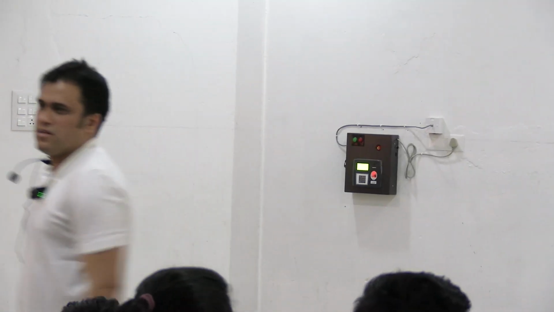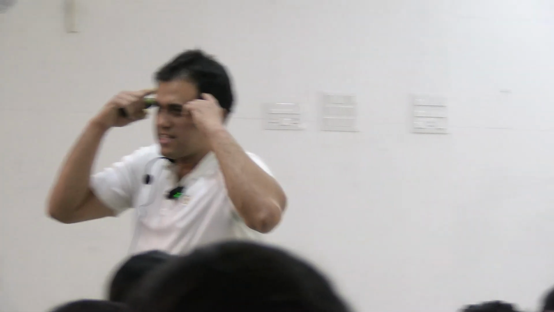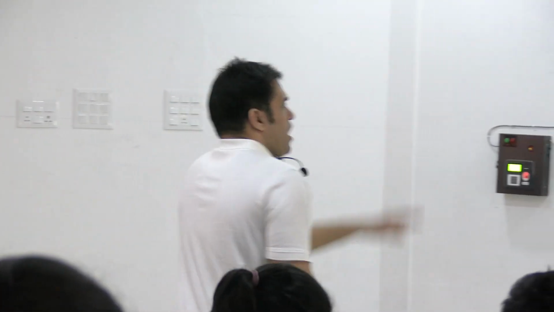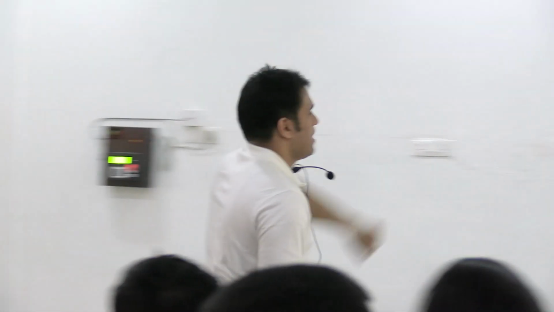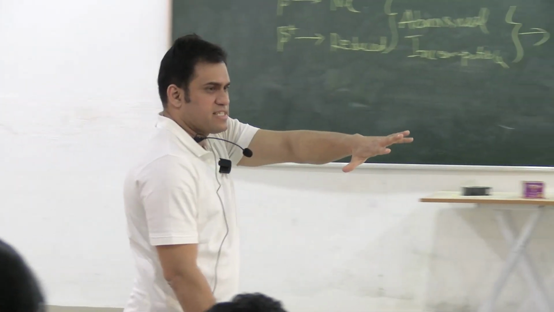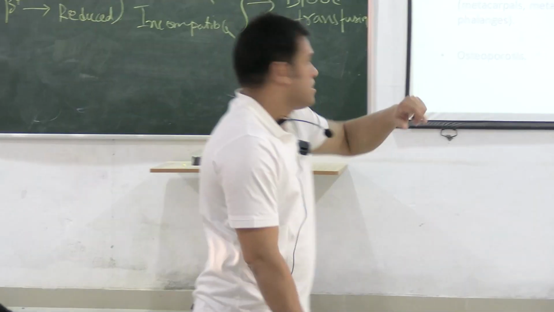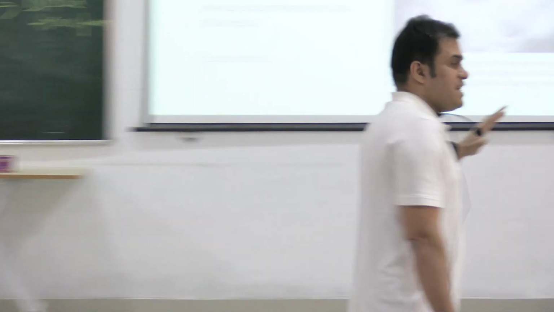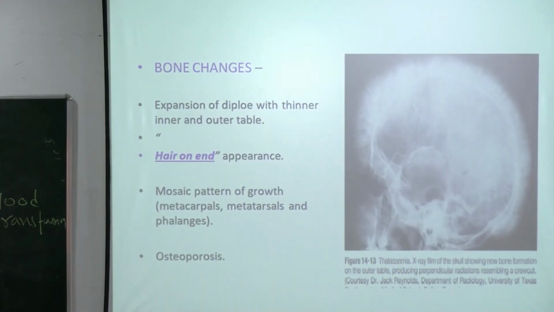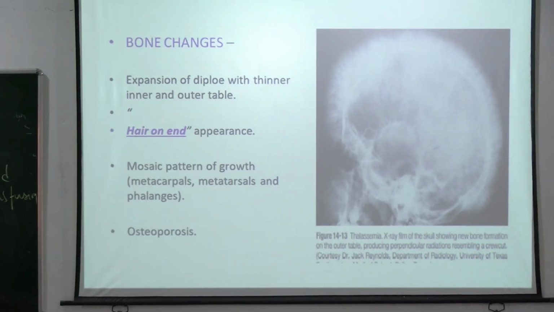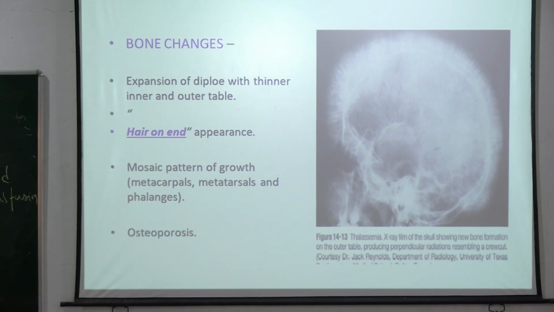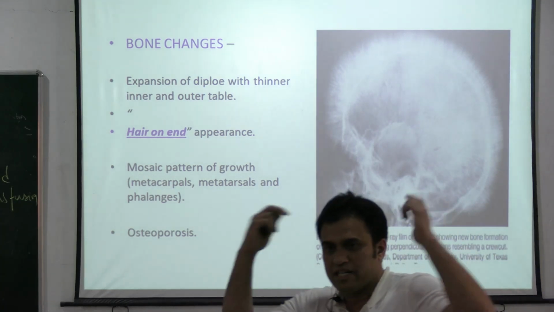Bony changes. Bony changes are seen not only in the skull, but also in the metacarpals and metatarsals, in the hands and feet, where it is called a mosaic pattern appearance. Leave that, but remember this point: this is called hair on end appearance or crew cut appearance, mostly seen in the skull.